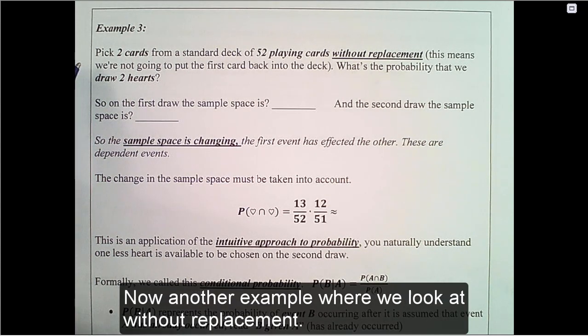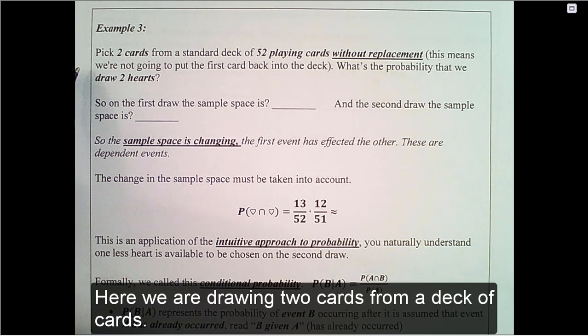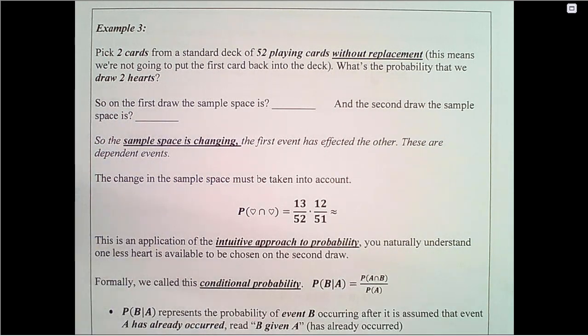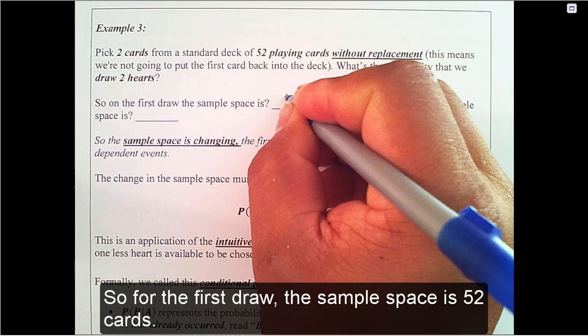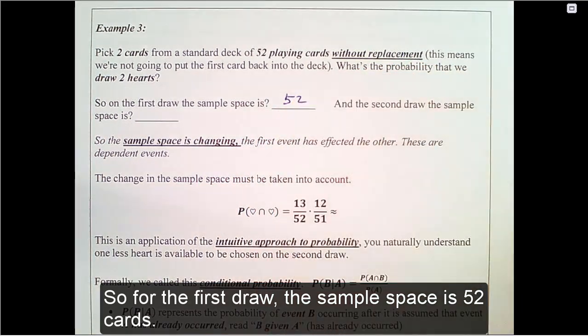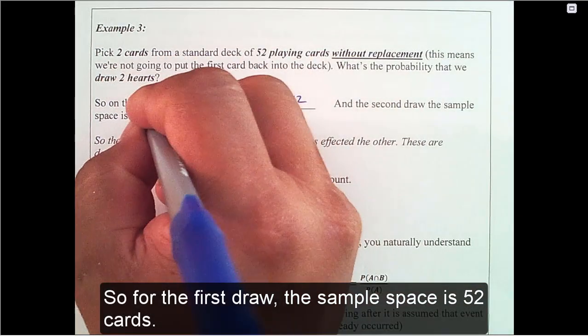Now another example where we look at without replacement. Here we are drawing 2 cards from a deck of cards. So for the first draw, the sample space is 52 cards.